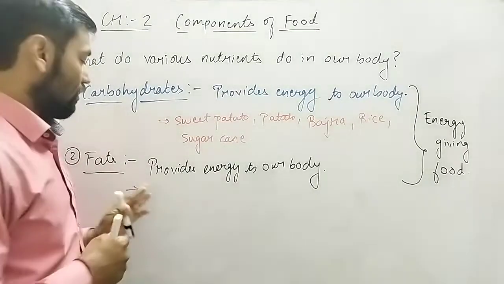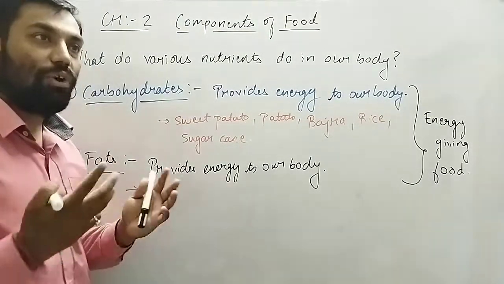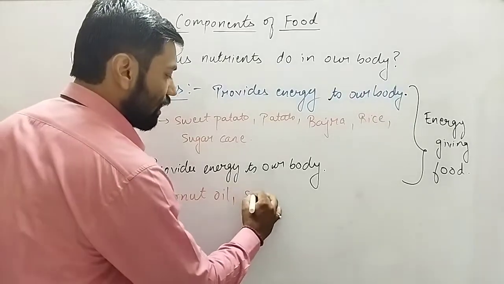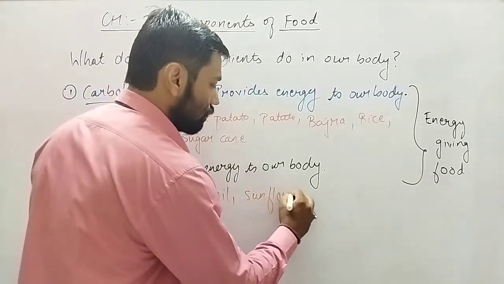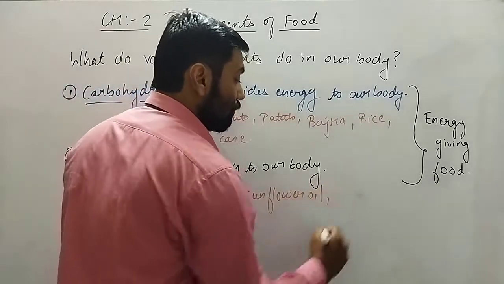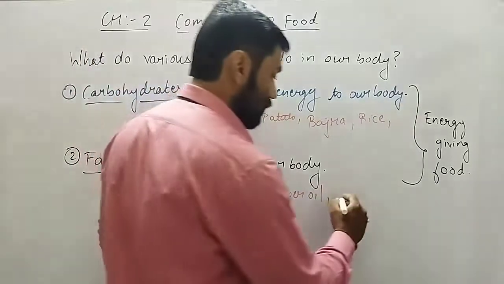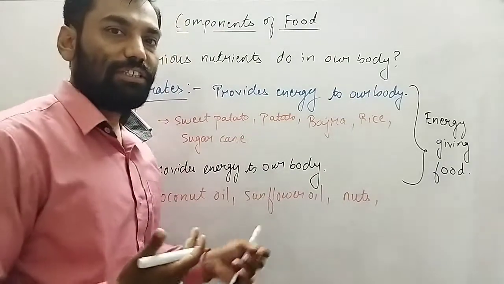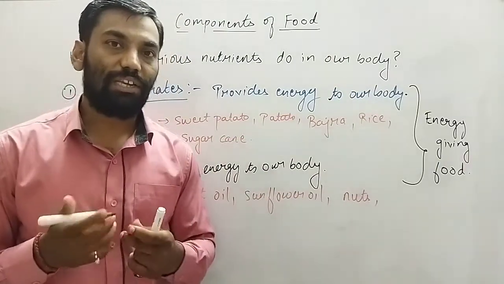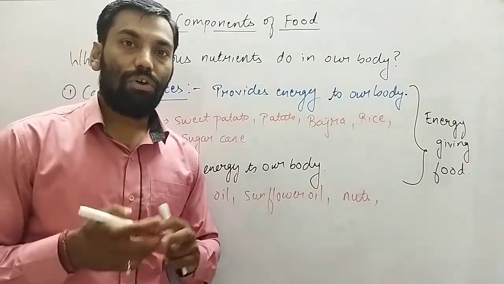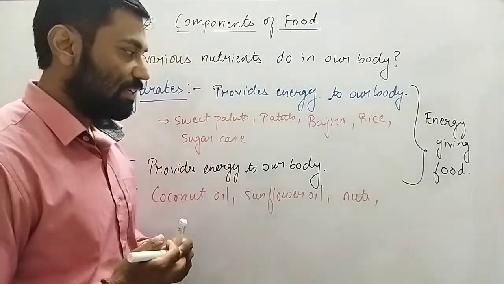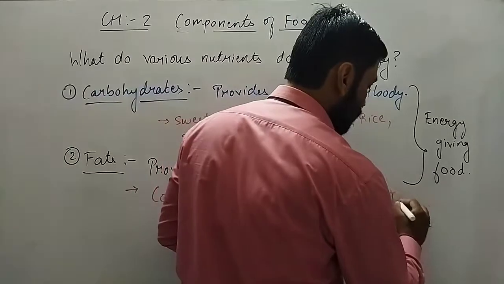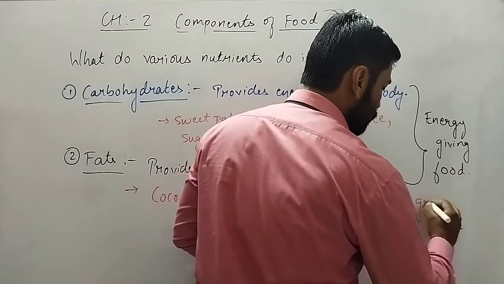We generally get fats from oily things like coconut oil and sunflower oil. We get it from nuts, which include certain dry fruits like cashew nut or almond. Along with that you get it from til and groundnut.